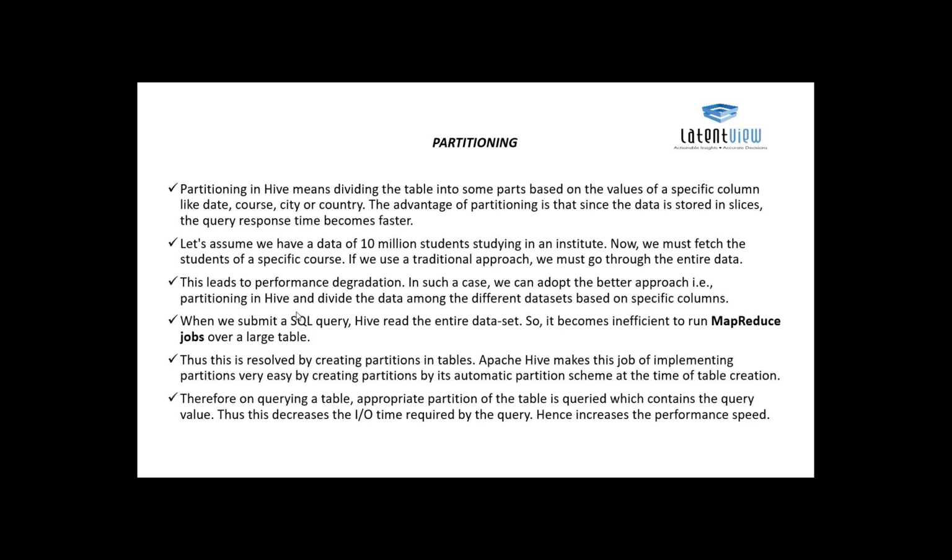In order to avoid a full table scan, again and again, I can go for partitioning. Say, for example, I have a very huge data set where the business is always interested in year of joining. How many people have joined per year?